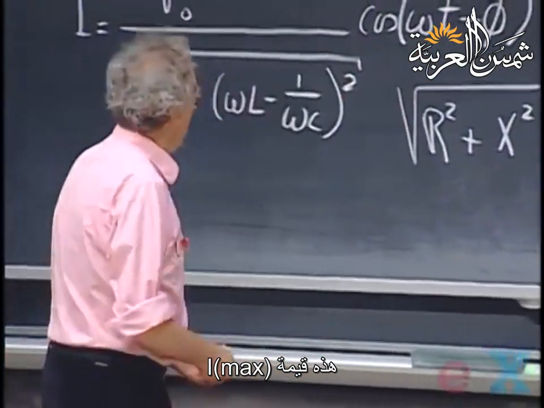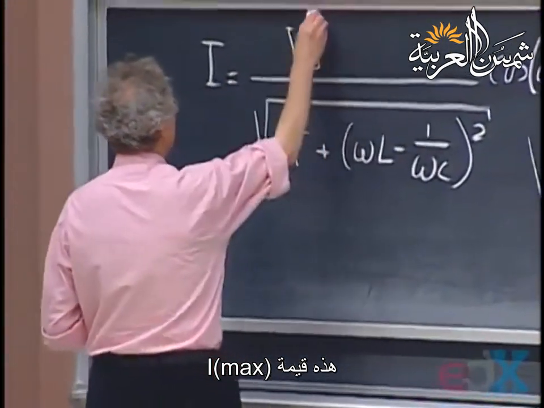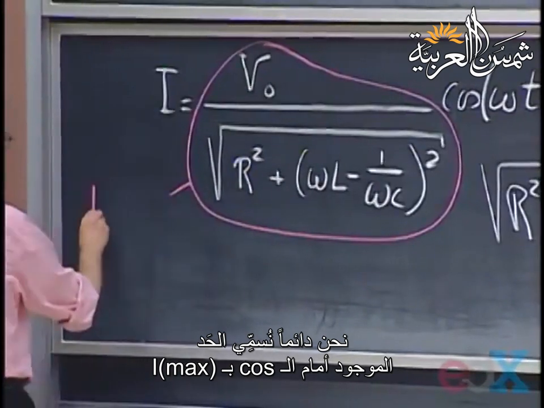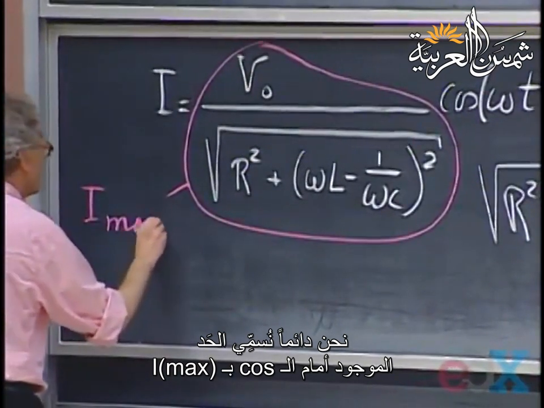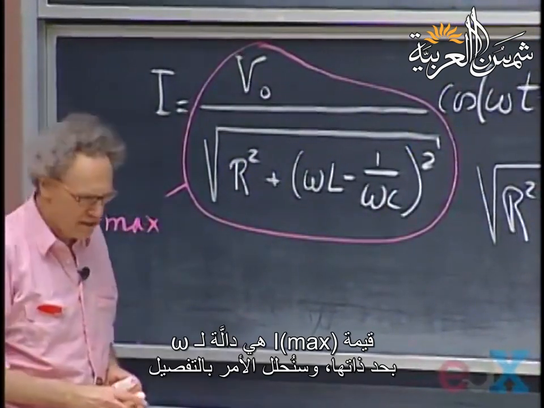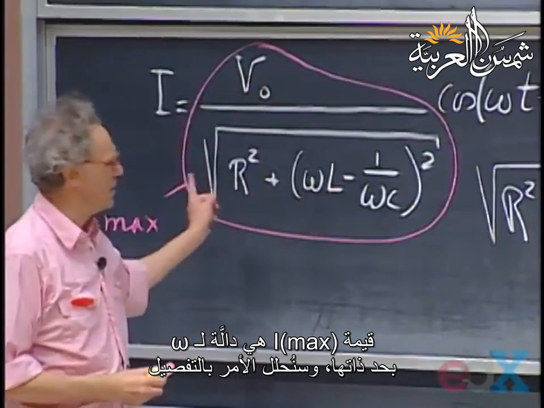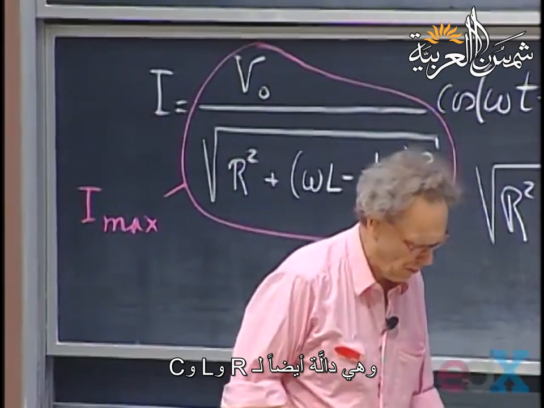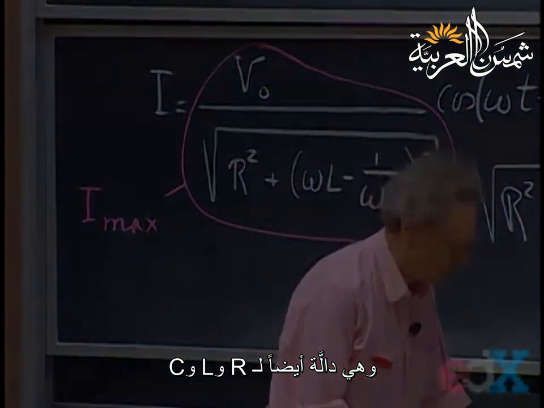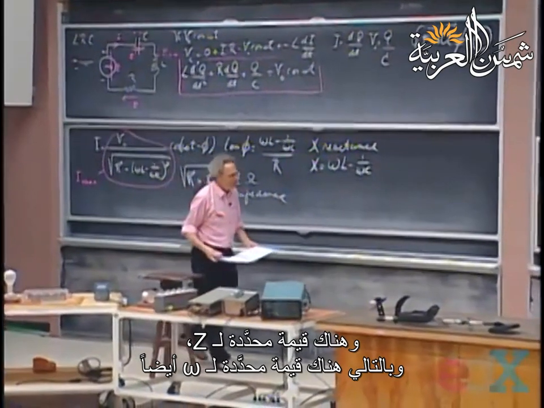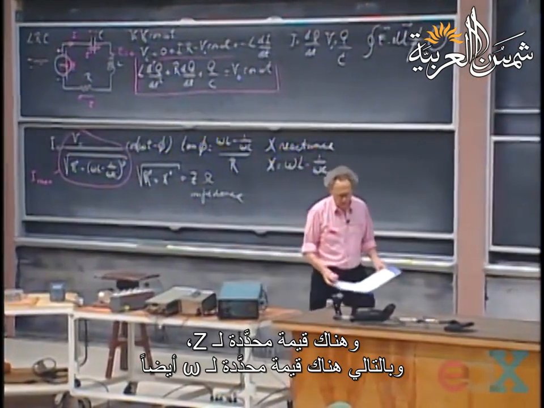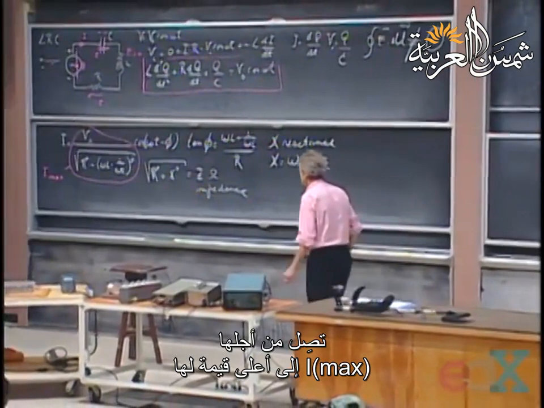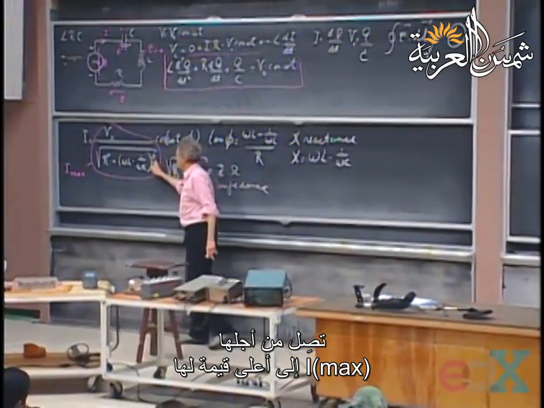So the value for I max, what we've always called what is in front of the cosine term, that value for I max is a function of omega itself, as we will analyze in detail today, and of course also of R, L, and C. And there is one particular value for Z, and therefore for omega, whereby this value reaches a maximum.